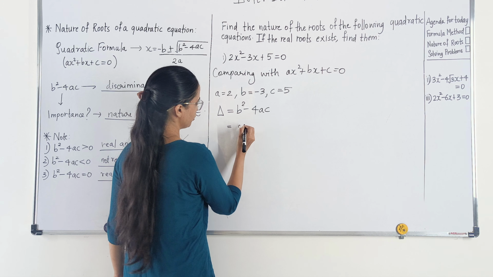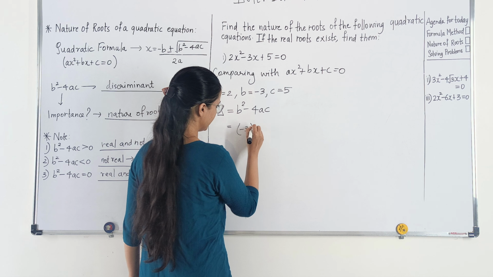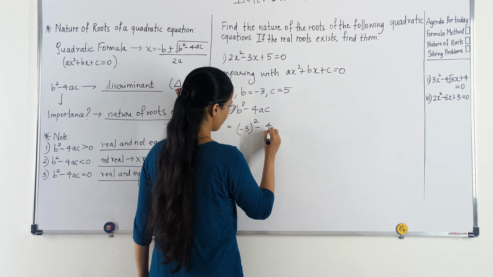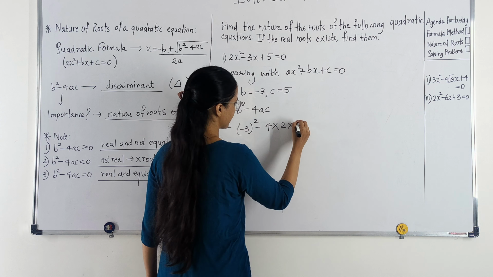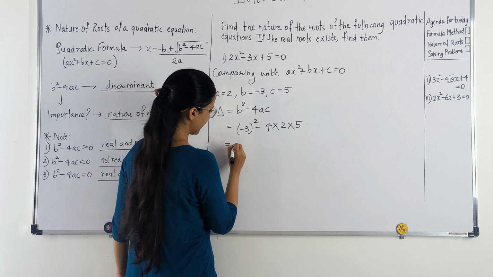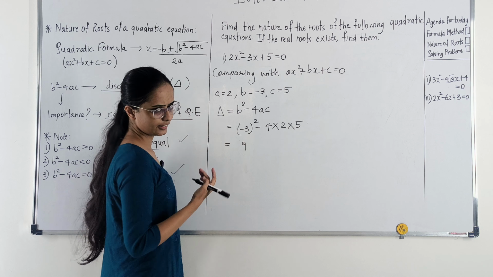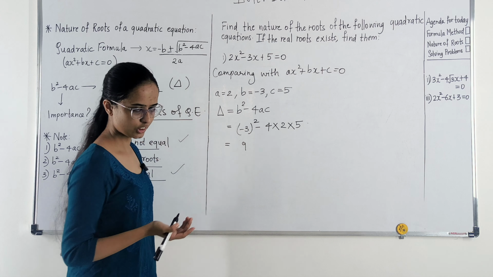Now let us substitute, so we will get -3 the whole square minus 4 into a, which in this case is 2, and c, which in this case is 5. Now the square of 3 is 9, the square of -3 is also 9, and we all know that 4 into 2 is 8 and 8 into 5 is 40. Now here 9 minus 40 is of course minus 31.